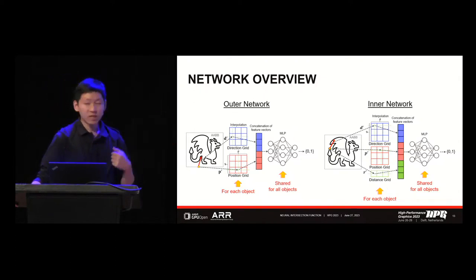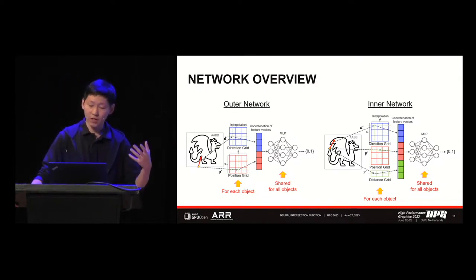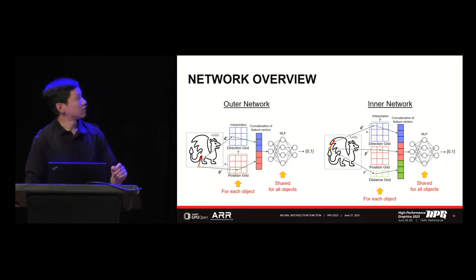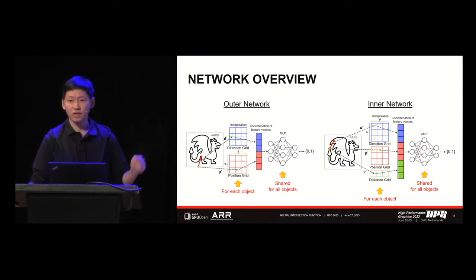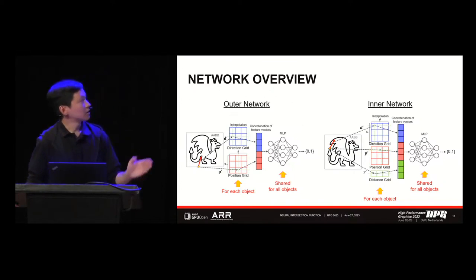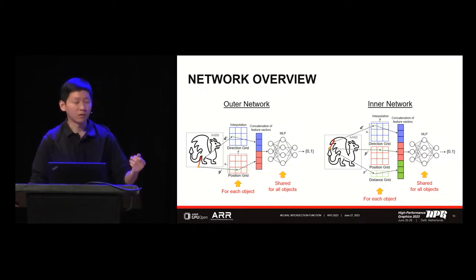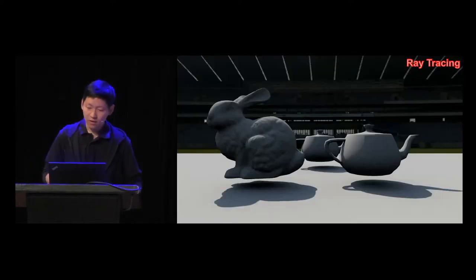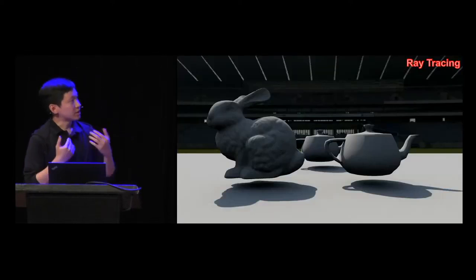During the back propagation process, the trainable features stored inside the vectors will also be trained and updated correspondingly. The inner network is very similar, except that it incorporates another 1D grid, which is the distance grid here as well.